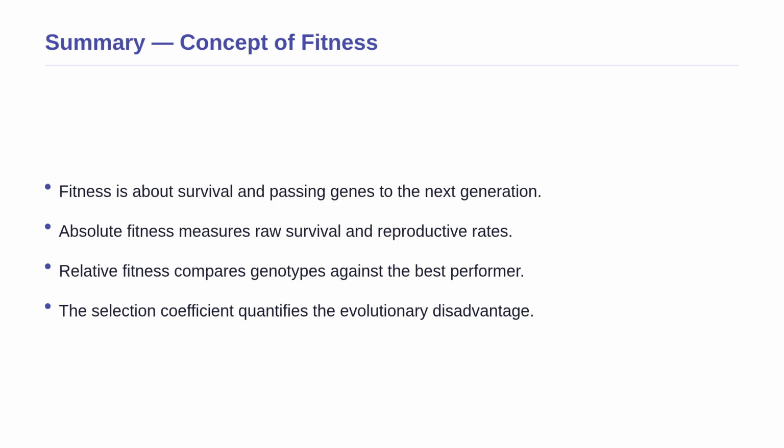Second, we measure this using absolute fitness for raw survival and relative fitness to compare traits against the population's best performer. Finally, the selection coefficient tells us the exact mathematical disadvantage weaker genotypes face. By mastering these concepts, you now have the tools to mathematically predict how natural selection shapes the future of any species.